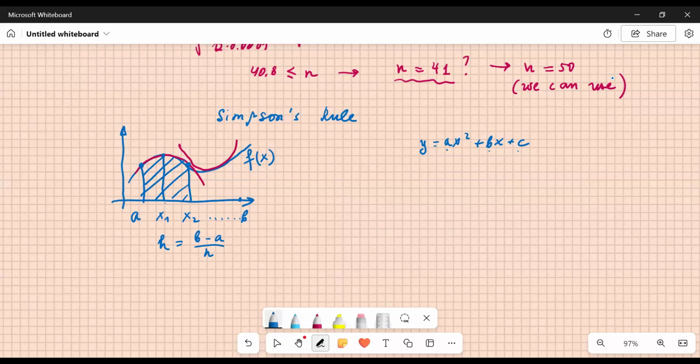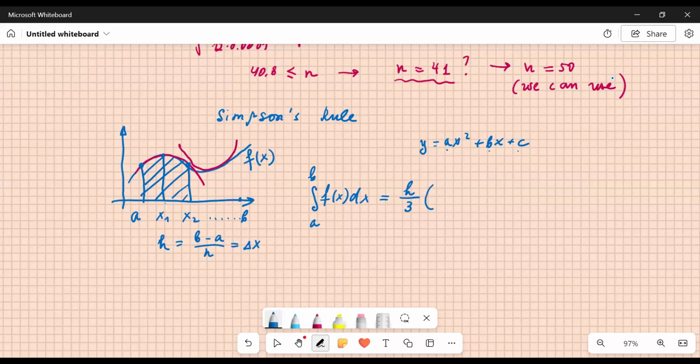And how the formula of Simpson's rule is going to look. The integral from a to b of f of x dx is going to look like h over 3, the size of subinterval. In some books, you're going to see delta x. You can use delta x, I don't mind.